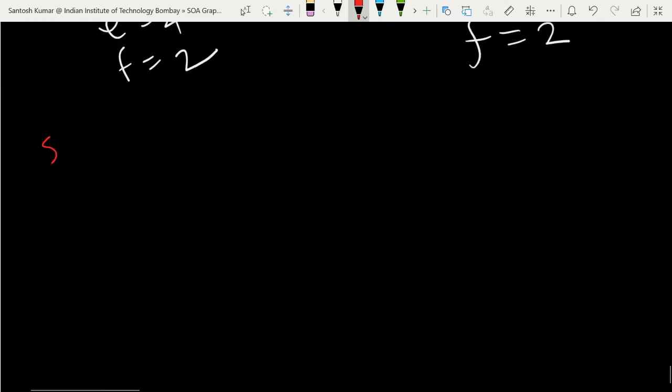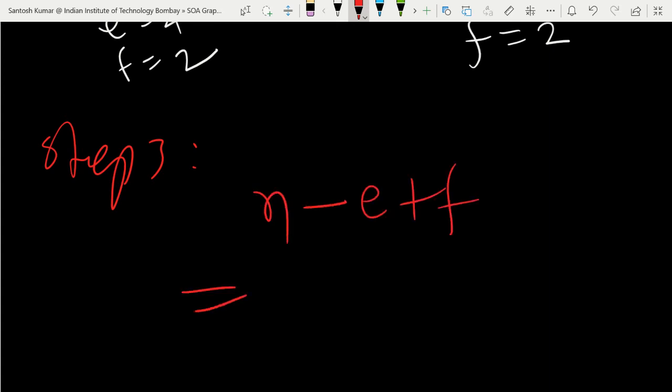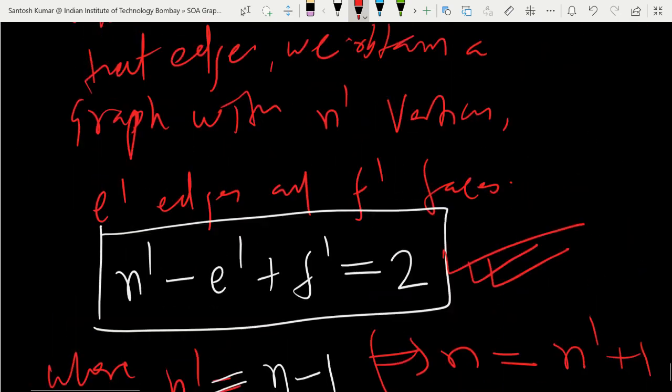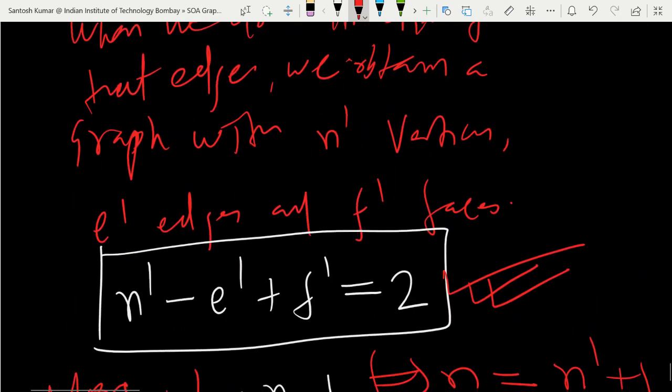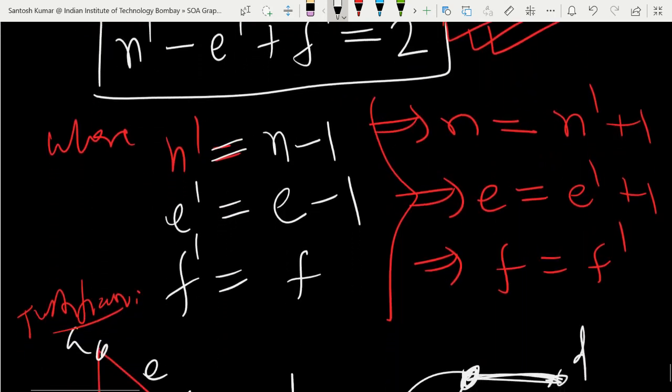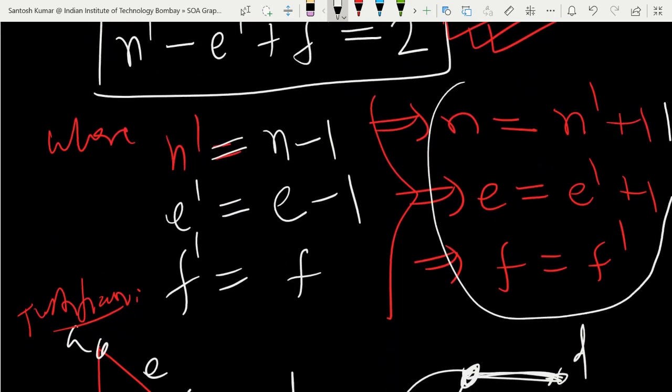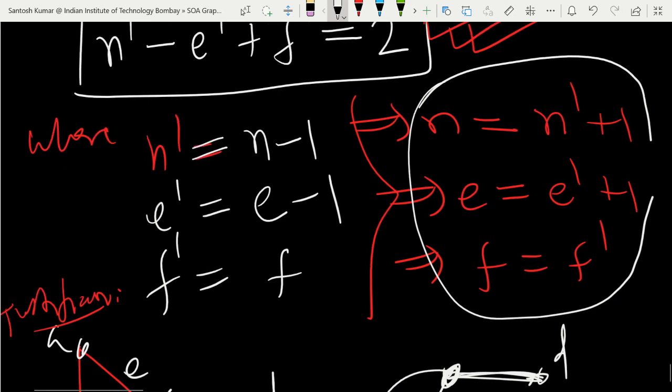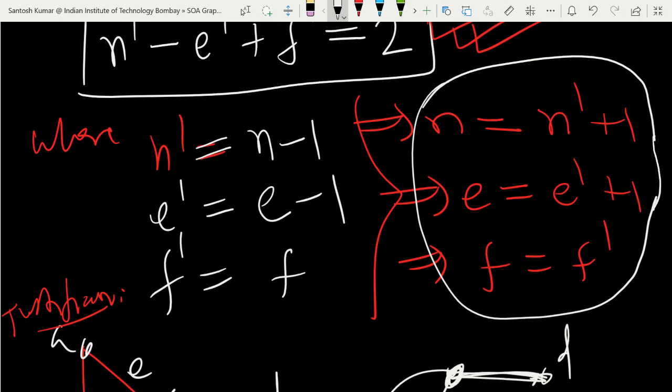So let's go back to the third step. Step 3 is the proof for n, meaning we have to prove n minus e plus f is 2, and we assumed for n dash because G dot e has one less vertex, and in step 2 we assumed it, so we have this result. So just replace these values, you just use this result.